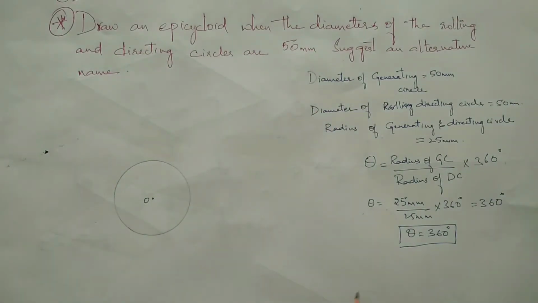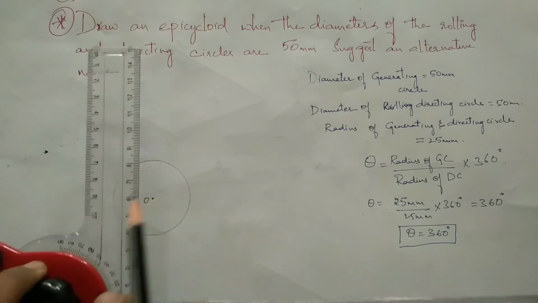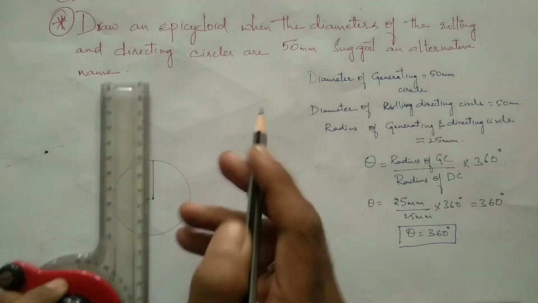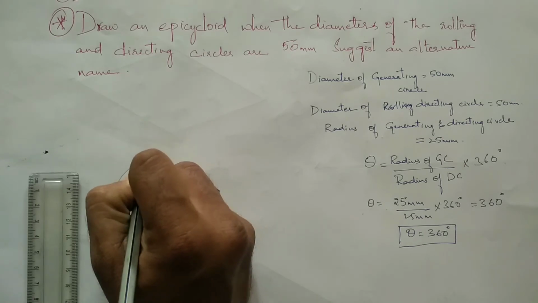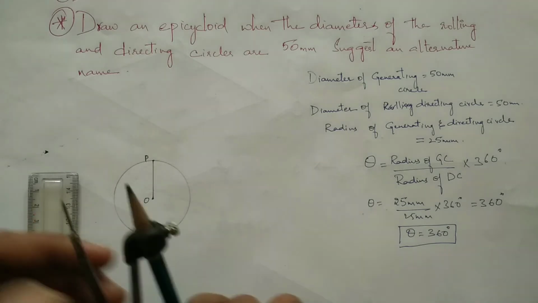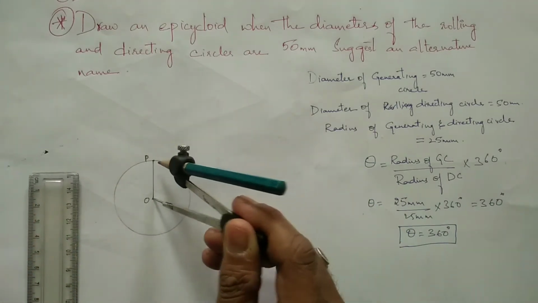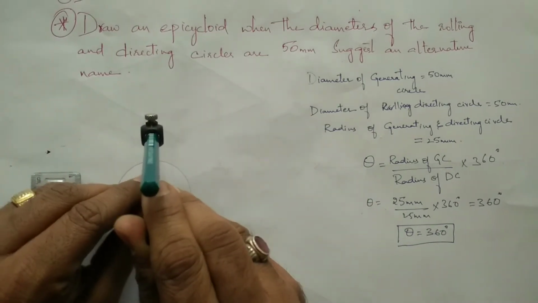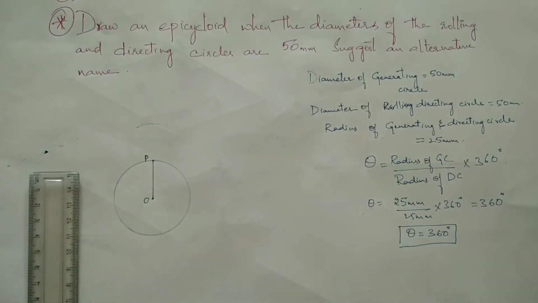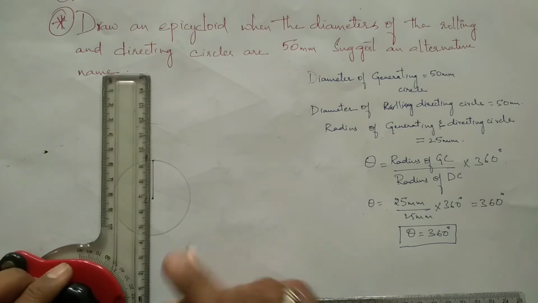Draw the line from O, and where it touches, mark the point as P. Now without disturbing the radius OP length, with P as the center, draw another arc above and extend the line further.